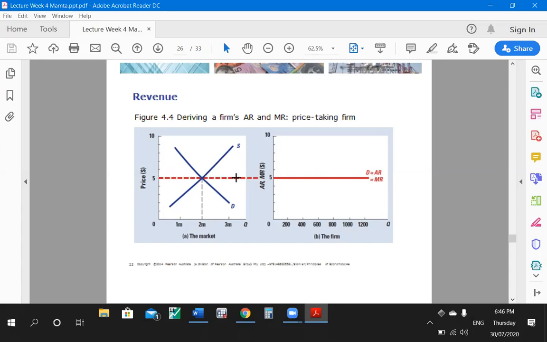Also your demand curve is this line. This graph on the left is the market. This graph is for the specific farm. So for the farm, your demand curve, average revenue curve, and marginal revenue curve all remain the same.